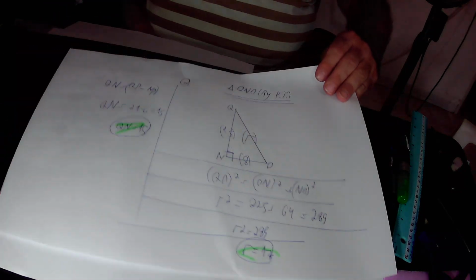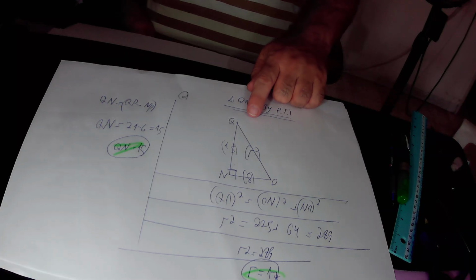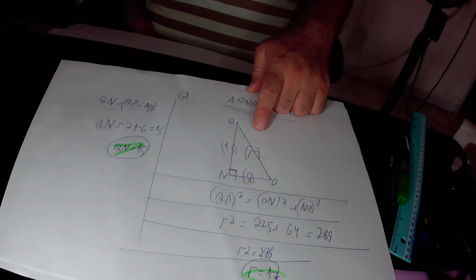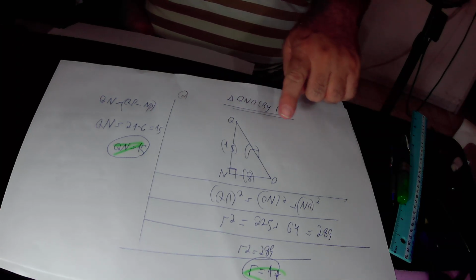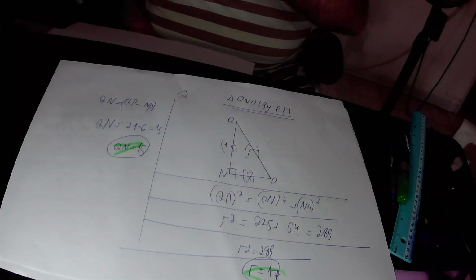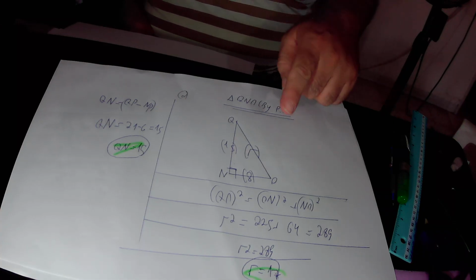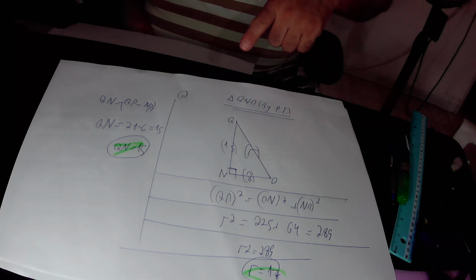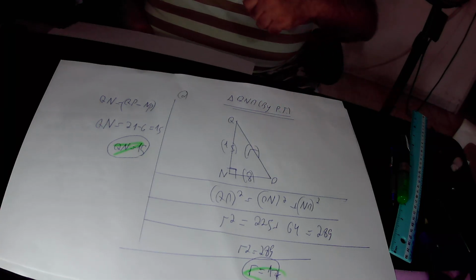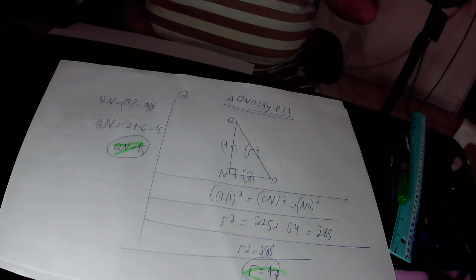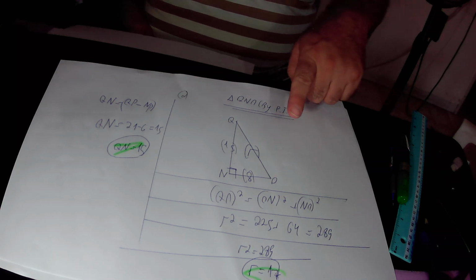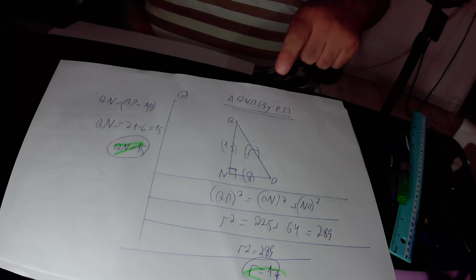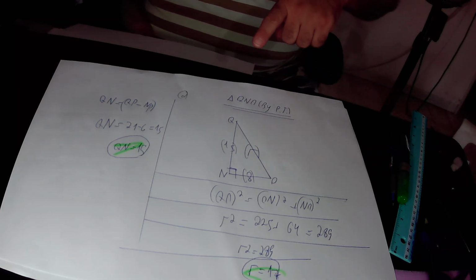So here this is the right triangle QOP that I copied from the original drawing. In this right triangle QOP, QO squared, that is the square of the hypotenuse, equals QN squared plus NO squared. QO is R, the radius of the circle, therefore QO squared is R squared. Again, QO squared equals ON squared plus QN squared.